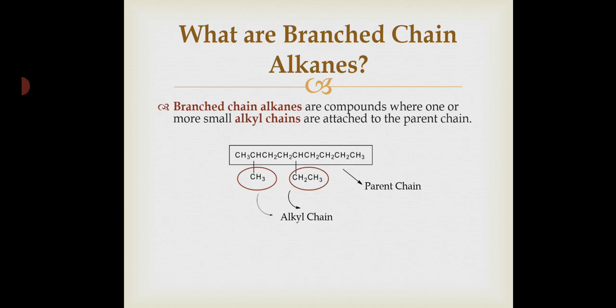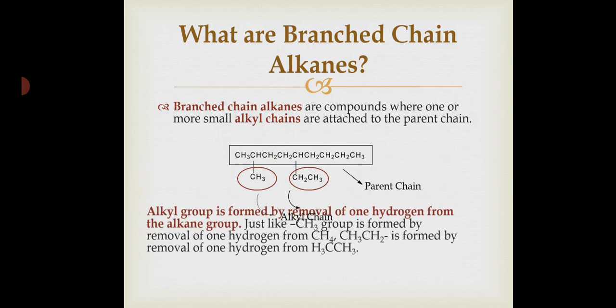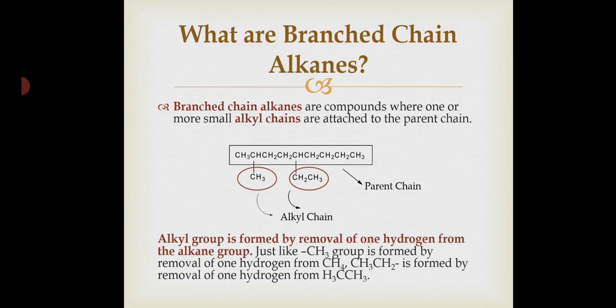Now listen carefully. Alkyl groups are formed by removal of one hydrogen from the alkane molecule. Just like removal of one hydrogen from methane will give a methyl group, removal of one hydrogen from ethane will give an ethyl group.